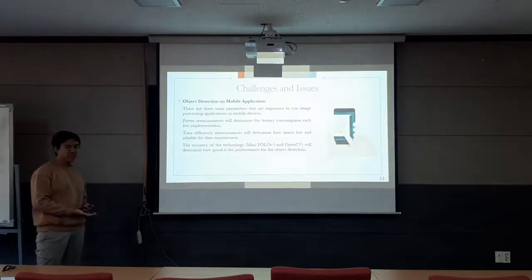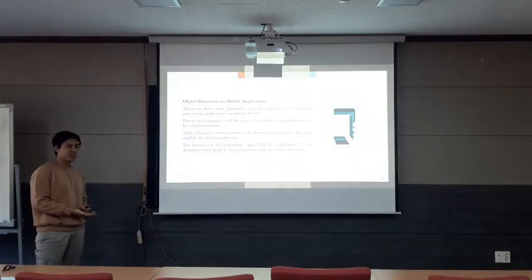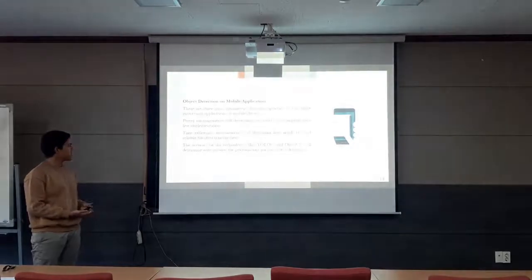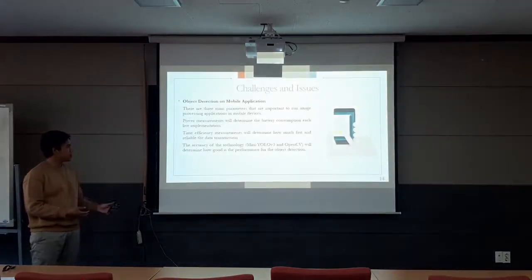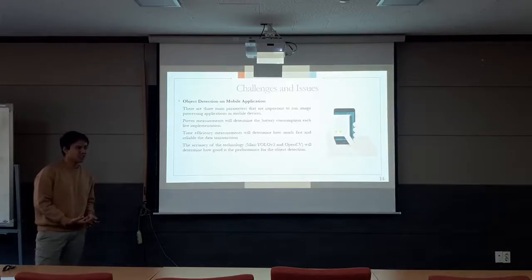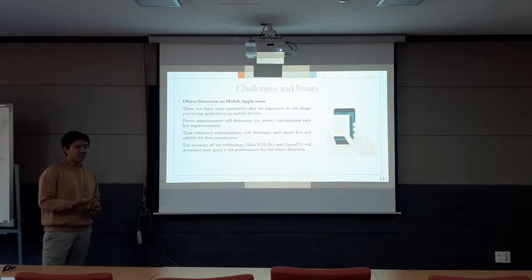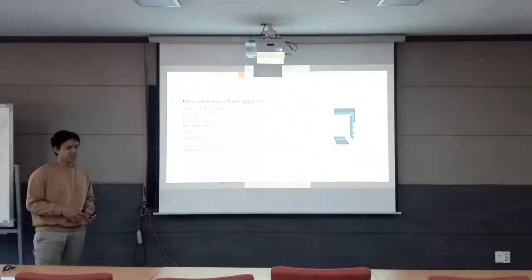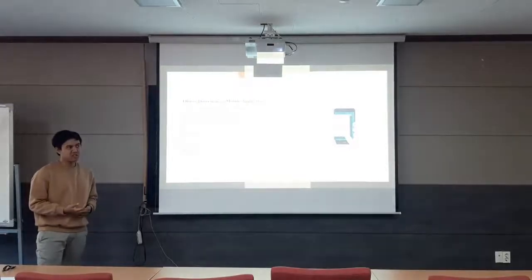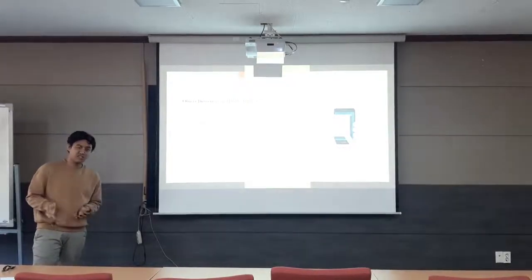So time efficiency, or time response, is very important in this system. Next one is accuracy of the technology. It will determine how good the performance of the object detection is. Obviously, the application must be almost perfect for object detection, because if we detect food wrong, it can cause problems, right?